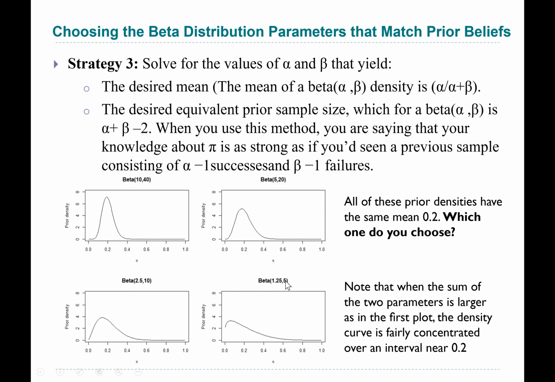I know there is no 4.25 sample, but it is something like a small sample. So all of these give you the same mean, but they have different alpha and beta and different sample sizes. A smaller sample size means you do not feel confident. A higher sample size means you feel more confident about the mean.